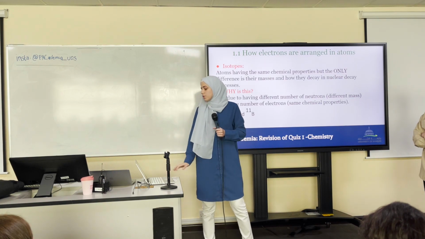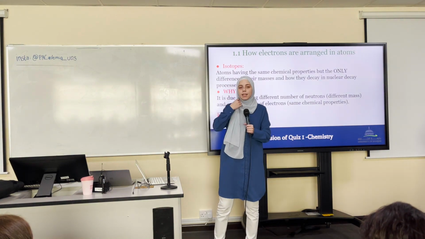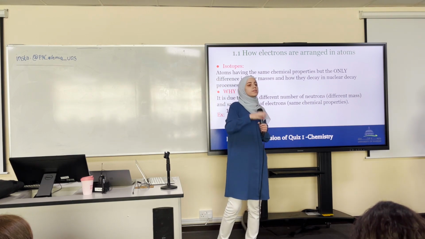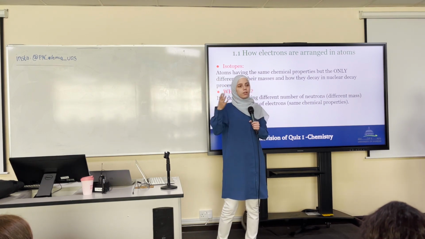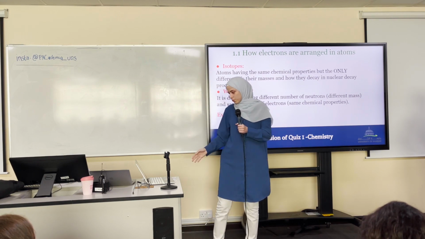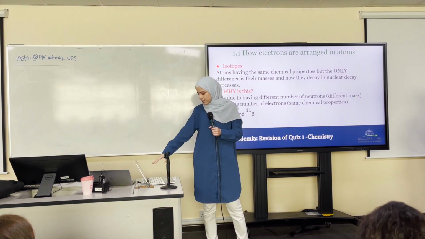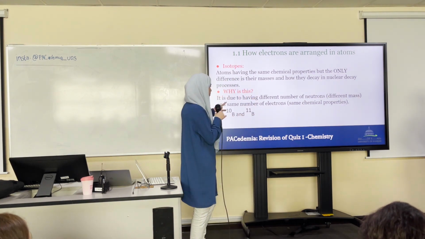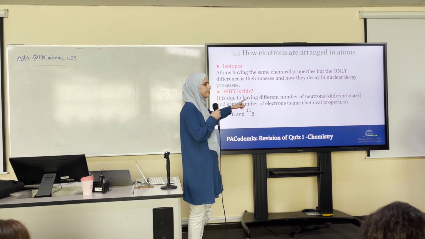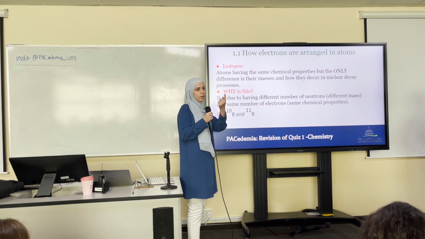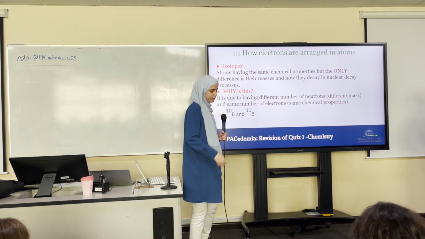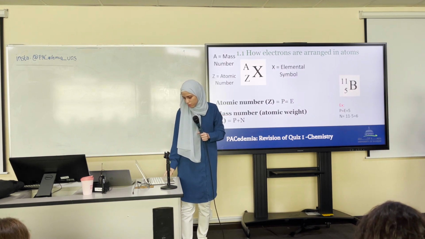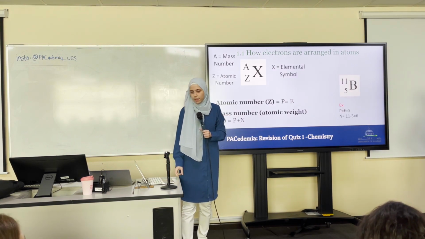They are atoms that have the same chemical properties, because they have the same number of protons and the same number of electrons. The only difference is the number of neutrons. For example, we have boron 10 and boron 11. Boron 11 is different from boron 10 with one extra neutron. These are just basics, you all know them.